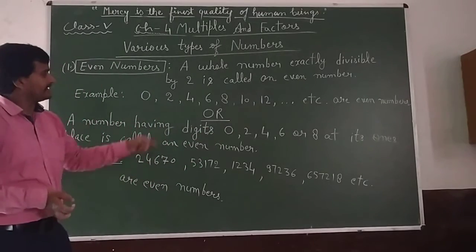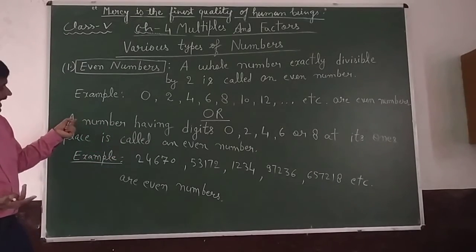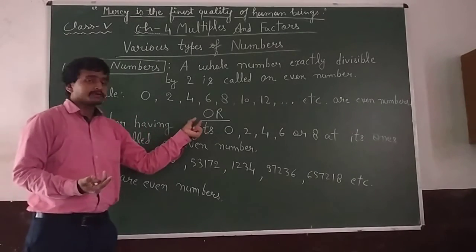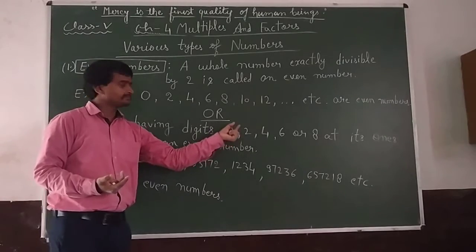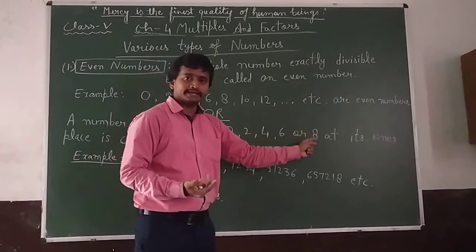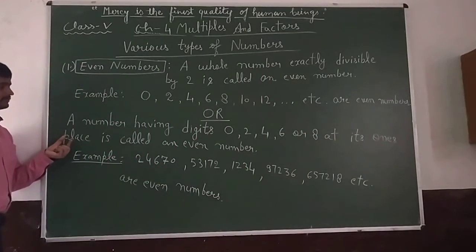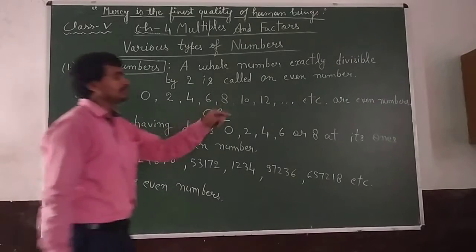In that case, this definition is very helpful. How? A number having digits 0, 2, 4, 6 or 8 at its ones place. Ones place is also called unit place.